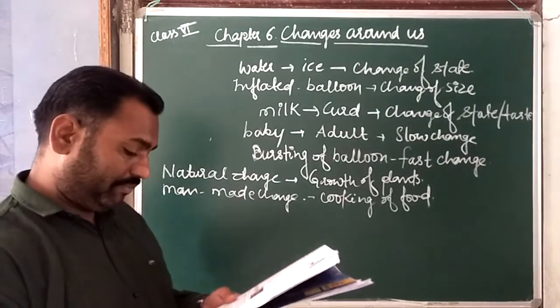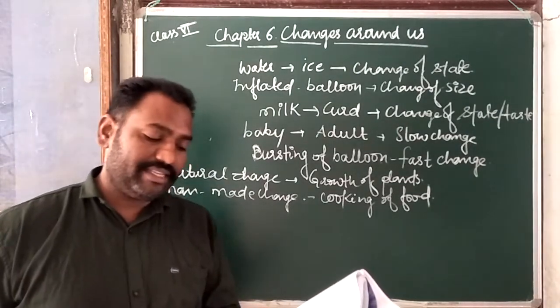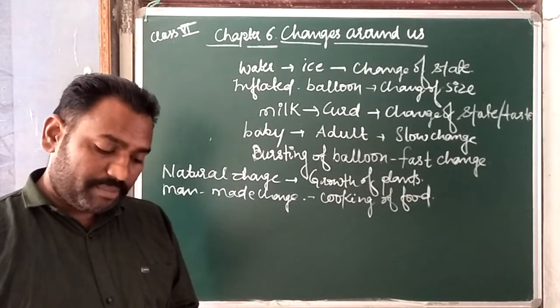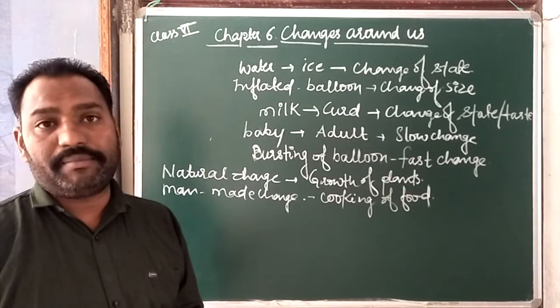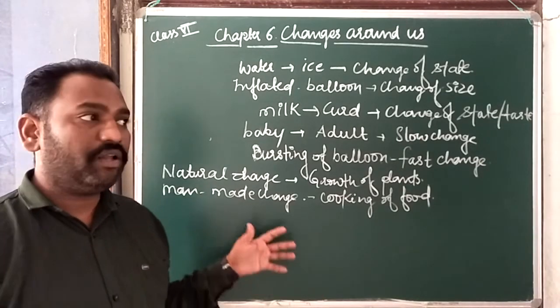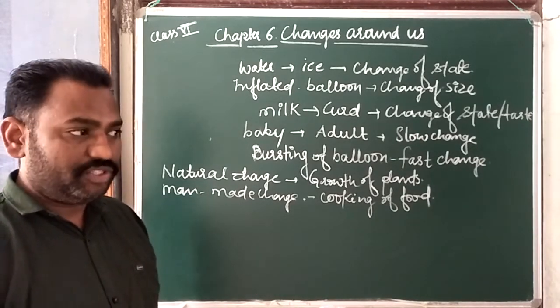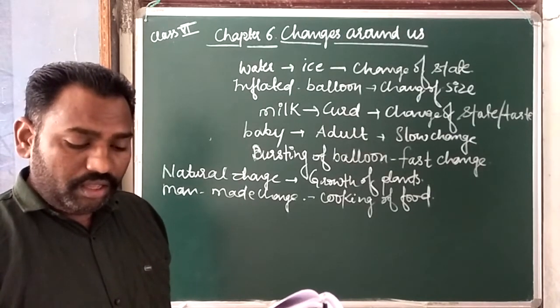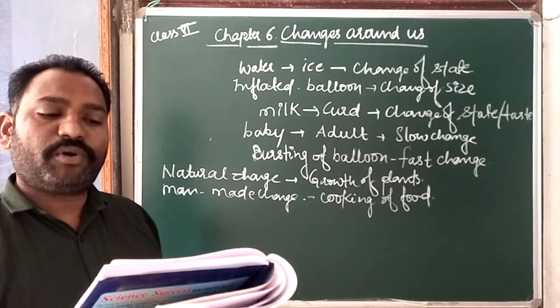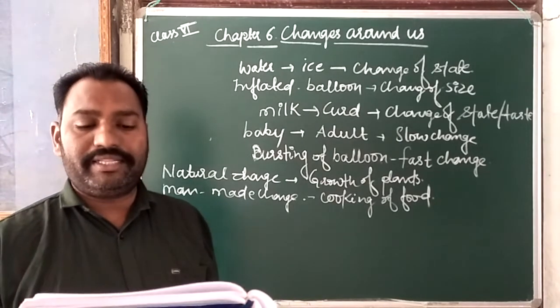Desirable and undesirable change. A change brought by nature or a person is called desirable if it is useful to us, according to our wish or will. If the change produces some harmful effect, it is undesirable.